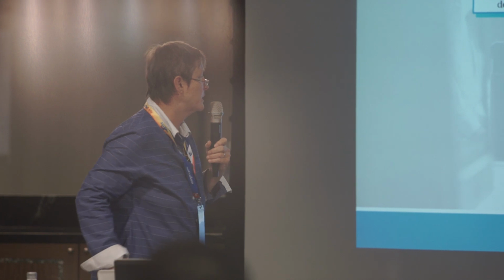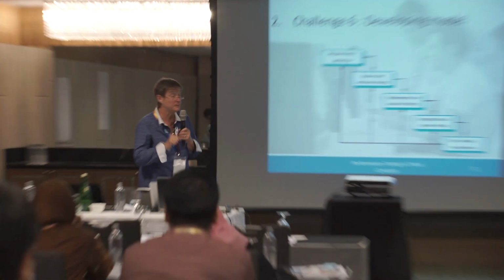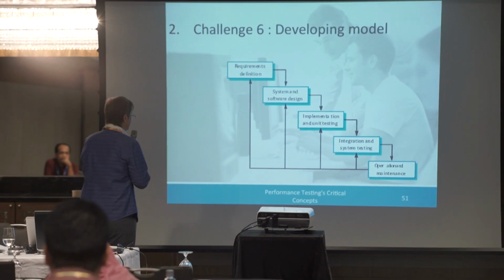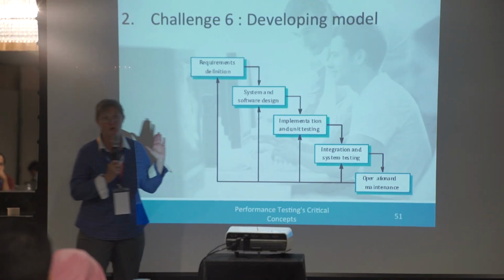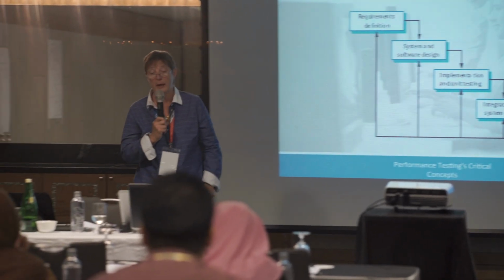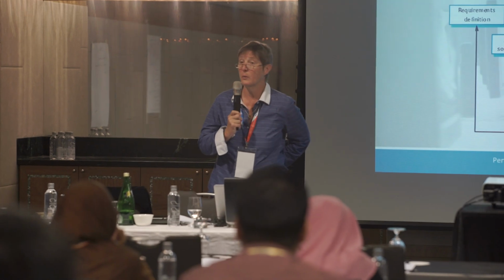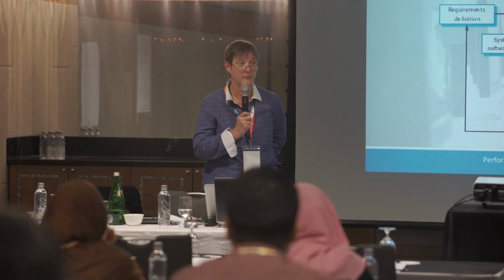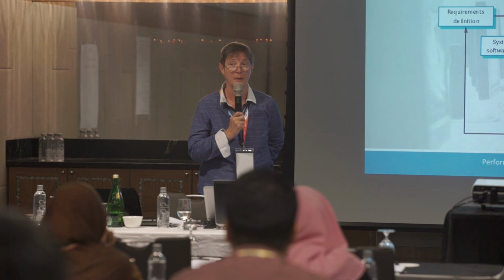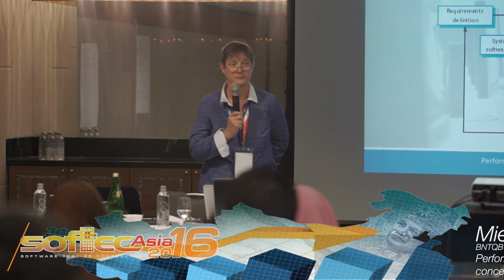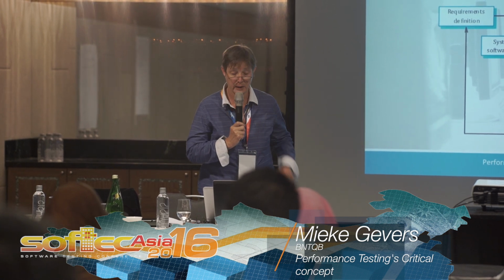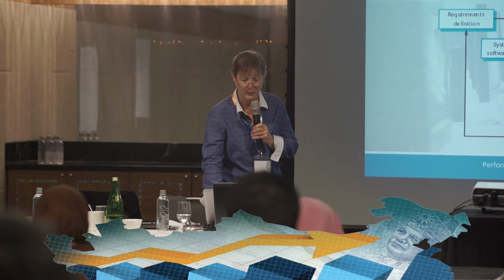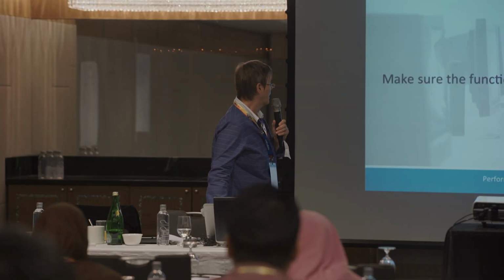But of course, it's important to consider the development model, because we have to fit in somewhere. In the past we were at the back, now we try to be more at the front. Have you experienced being excluded at the beginning of the application life cycle? No? Yeah? So it's not only a European thing, it's a general thing.